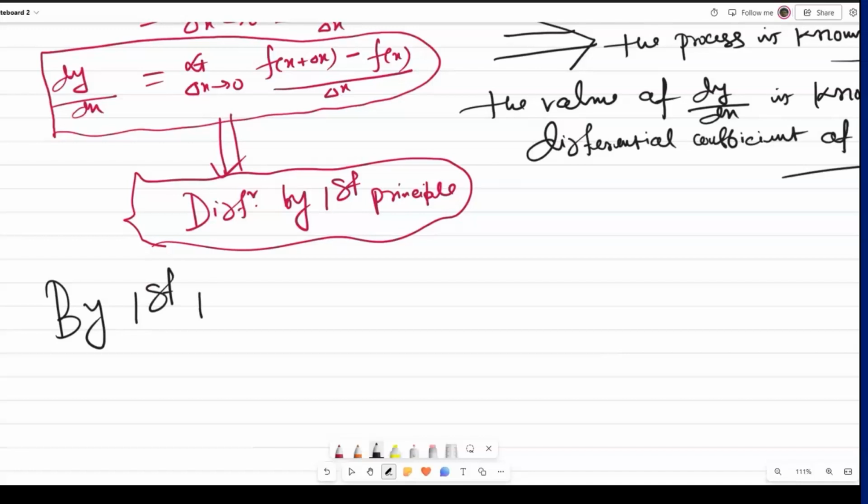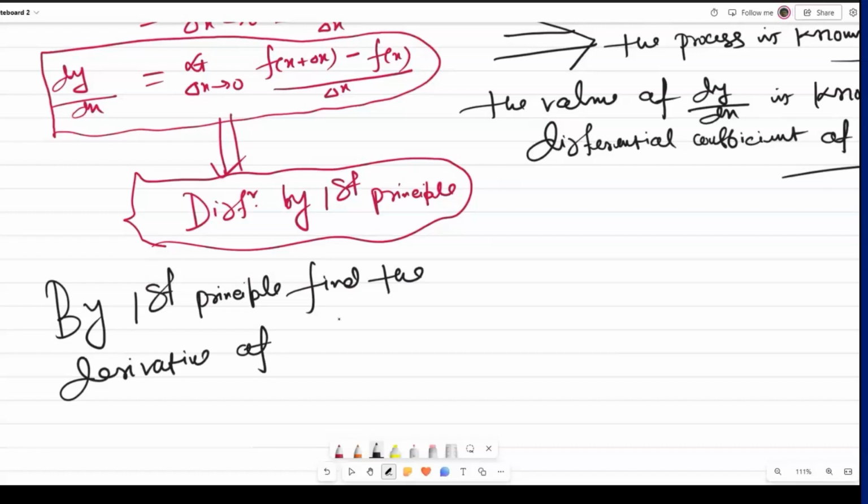By first principle, find the derivative of some elementary functions. Elementary functions in detail I'll tell you later. Right now, this is a polynomial function, x squared.